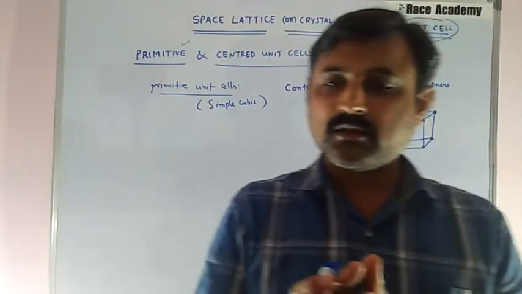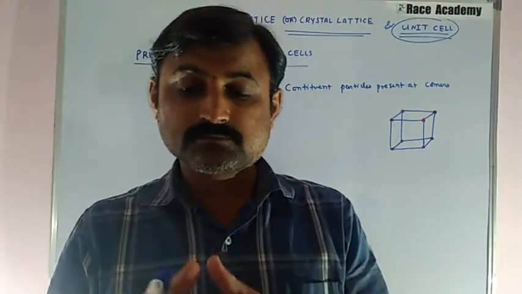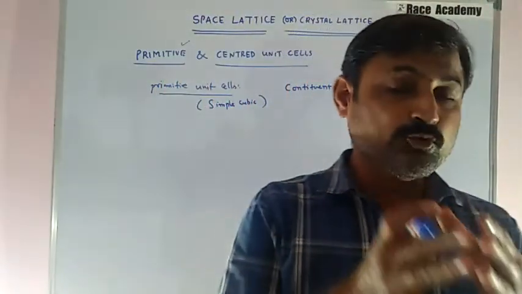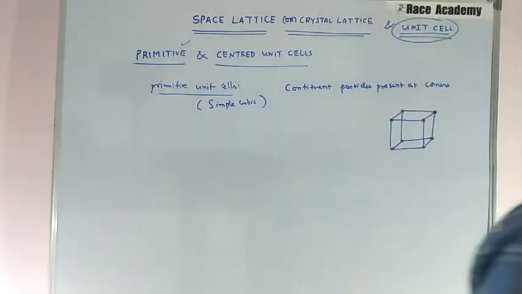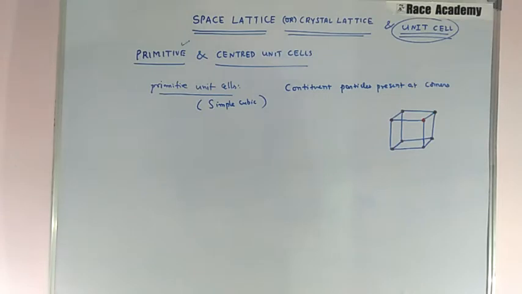That is the meaning of the primitive unit cell. Once again, observe: a primitive unit cell has constituent particles present at the corners, like this.